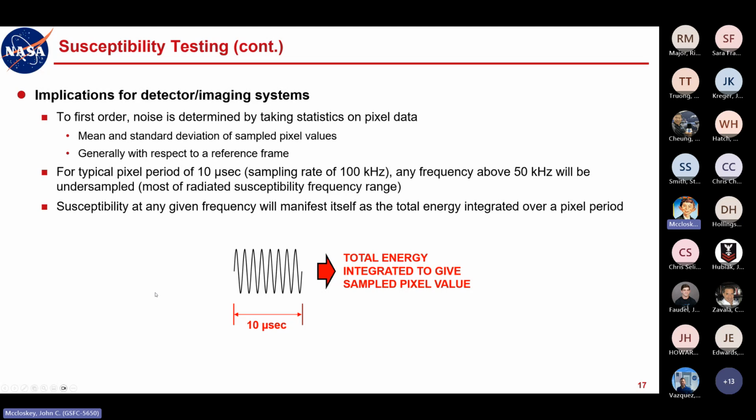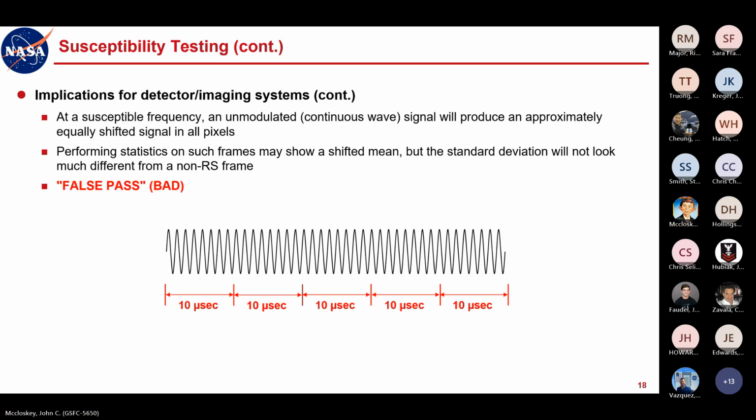So the susceptibility at any given frequency will manifest itself as the total energy integrated over a pixel period. If you have multiple cycles of your perturbing signal over your pixel period, you're not going to get this sinusoid. You're just going to get some flat level of the total amount of energy that pixel has seen in that 10 microsecond period.